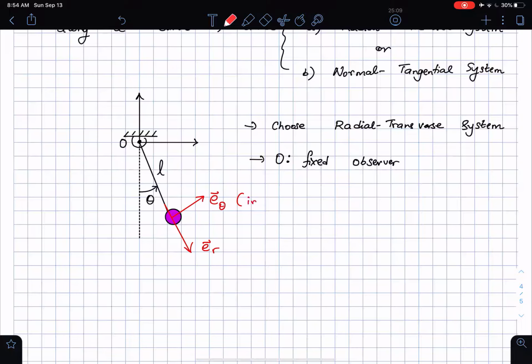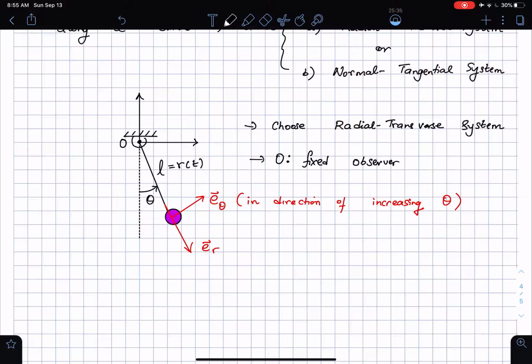Okay, so theta is a degree of freedom. And I immediately know that this length is a constant. So here I can say this is r of t.